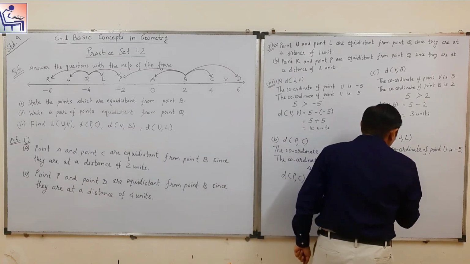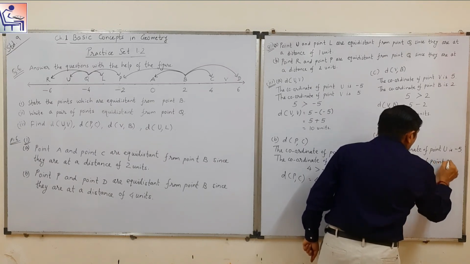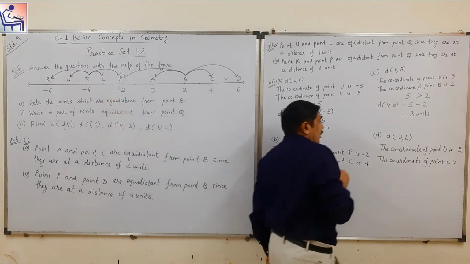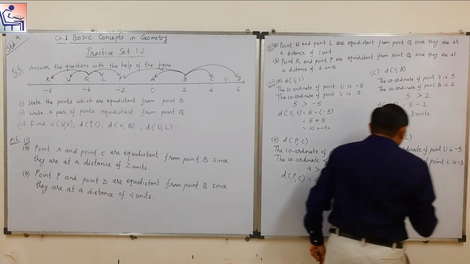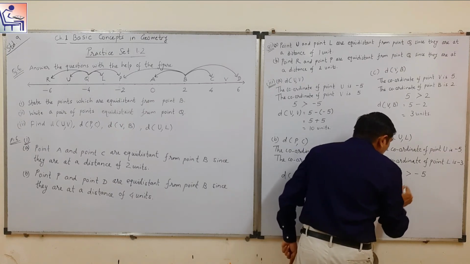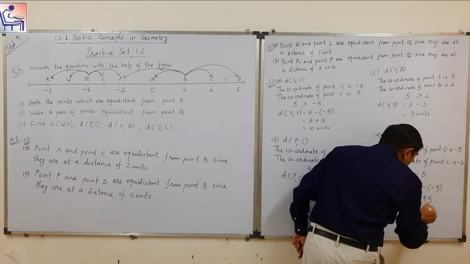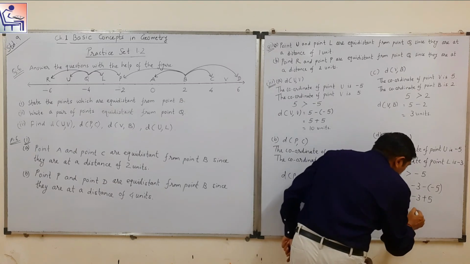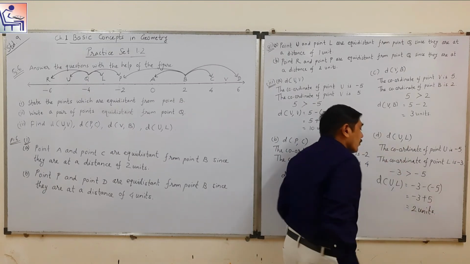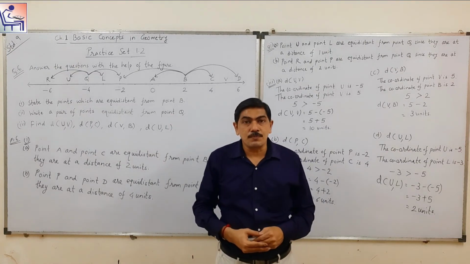The coordinate of point L is, here you can see, minus 3. Now we know that minus 3 is greater than minus 5. So distance UL is equal to minus 3 minus minus 5. So minus 3 plus 5, minus plus minus, sign of the greater number. So 5 minus 3 is equal to 2 units. So we have completed the exercise 1.2.